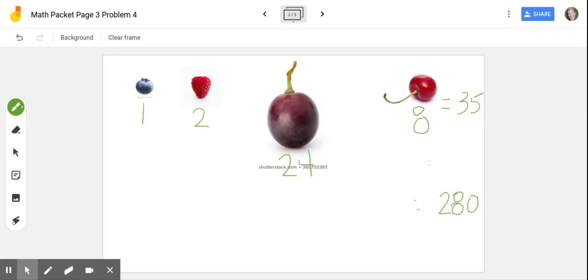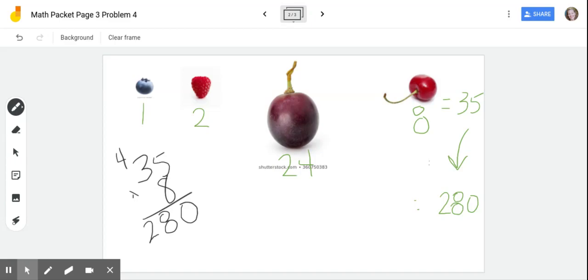Well, what's the relationship from 35 to 280? Well, let's see. 35 times 2 is 70, and 70 times 4 is 280. So I think maybe, just maybe, let's see what 35 times 8 is. 35 times 8, that's 280.